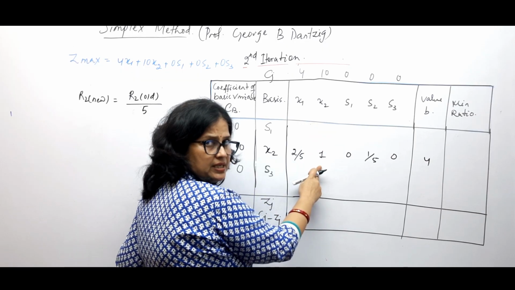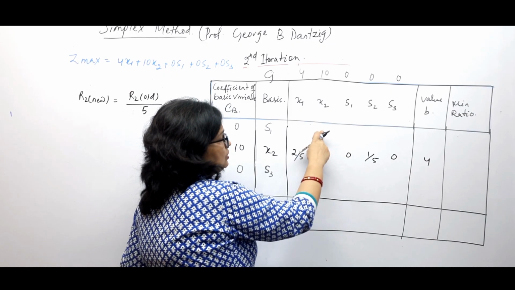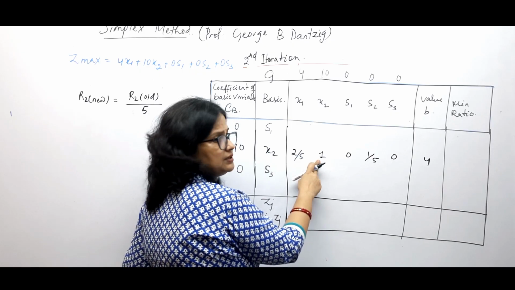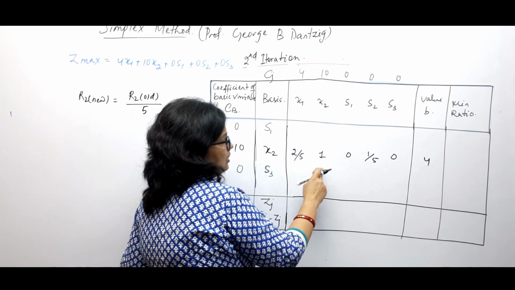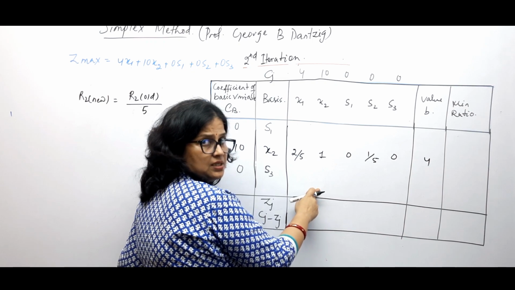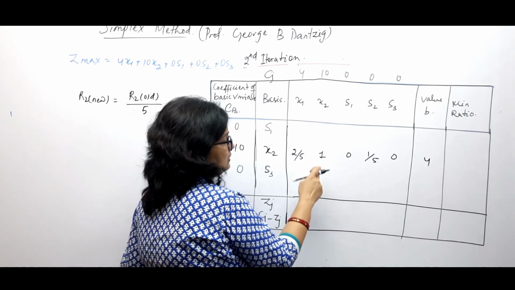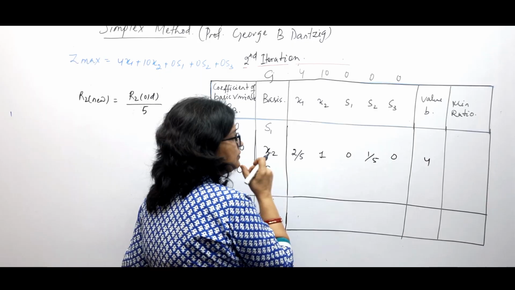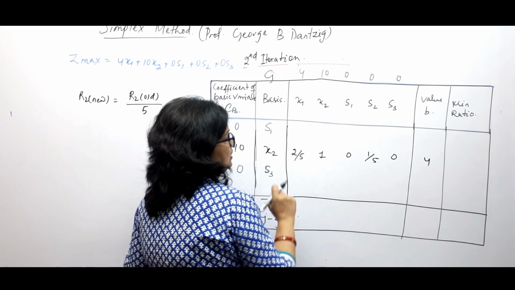I am repeating once again, we have to make the key element 1 and the upper and lower row values of this column, the column we identified as the key column, 0. So we need to make this one 0 and this one 0.